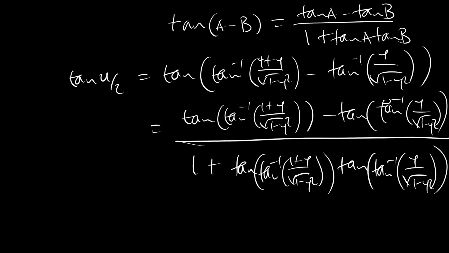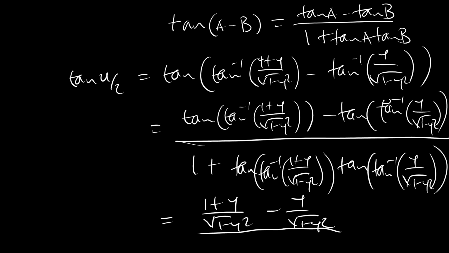So this becomes (1 plus y) over the square root of 1 minus y squared, minus y over the square root of 1 minus y squared, over 1 plus (1 plus y) over the square root of 1 minus y squared times y over the square root of 1 minus y squared.